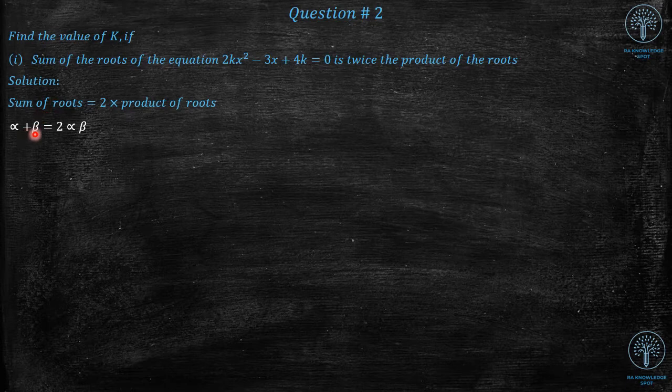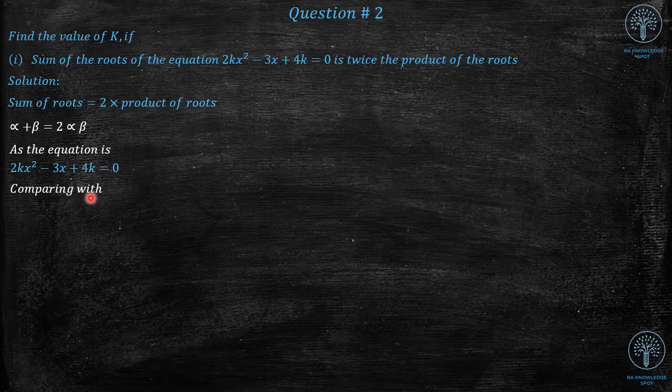That is alpha plus beta. Now I'm just going to describe it a bit more: the sum of roots, that is alpha plus beta, equal is as it is, 2 is as it is, and the product of roots is equal to alpha beta. Now, the main equation is 2k x square minus 3x plus 4k is equal to 0.